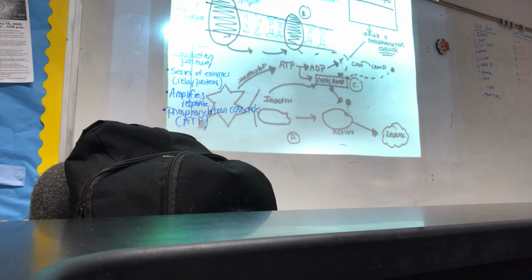Now, another way they can say phosphorylation cascade would be a catabolic process. We learned about catabolic reactions. That's when you break something down to release energy. Isn't that a phosphorylation cascade? Yes. You might also see the word hydrolysis. Hydrolysis is another word we use for breaking down.